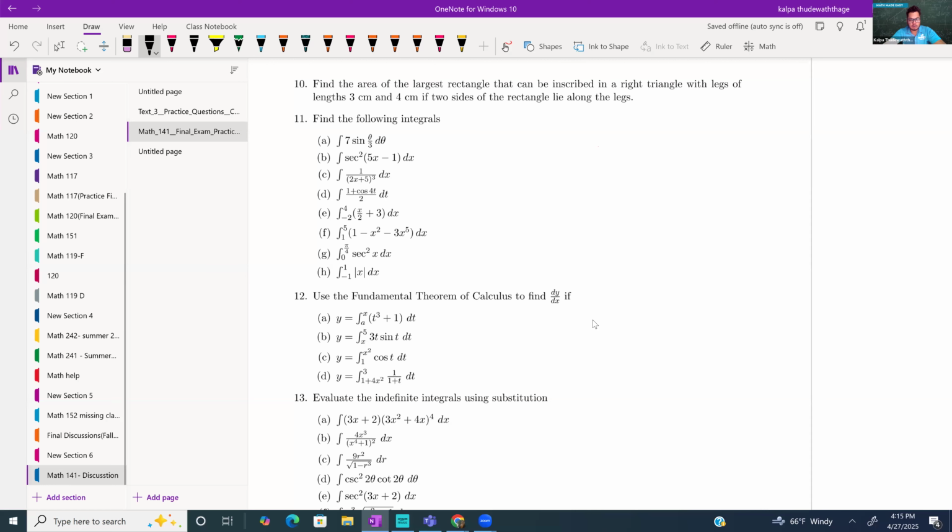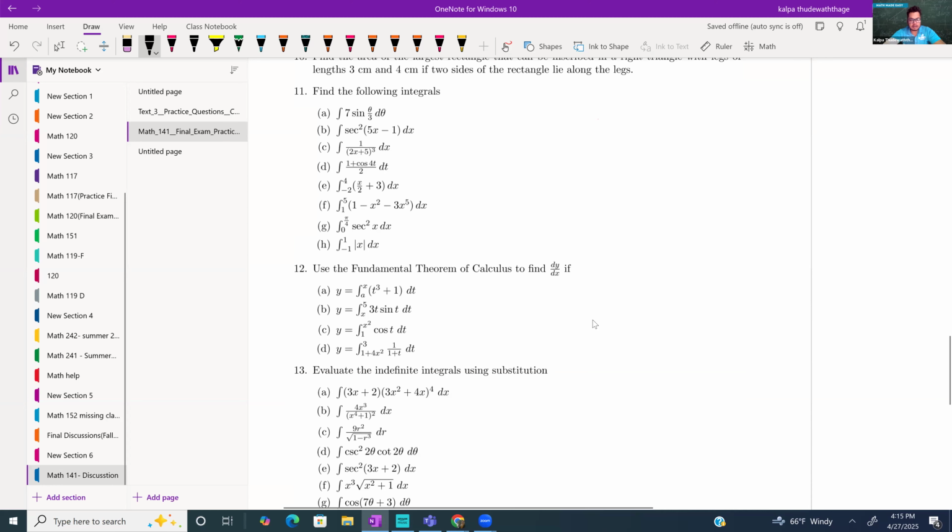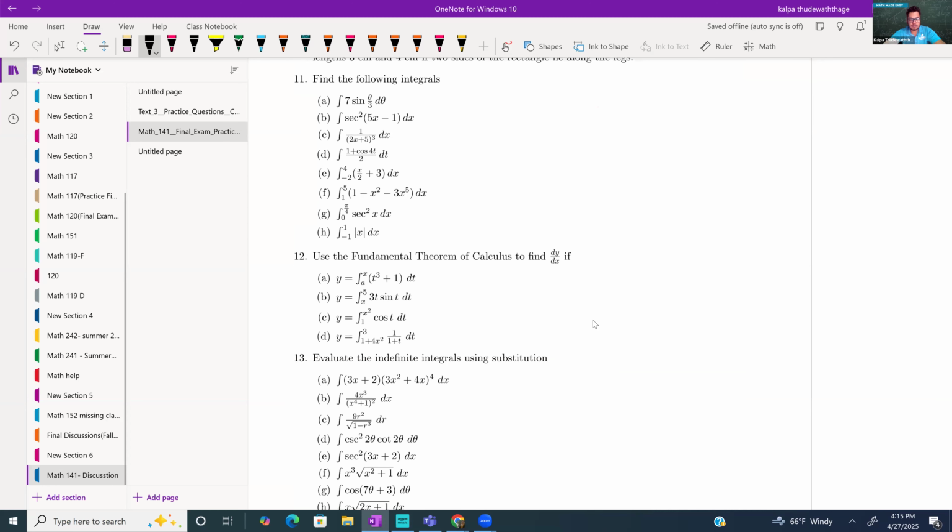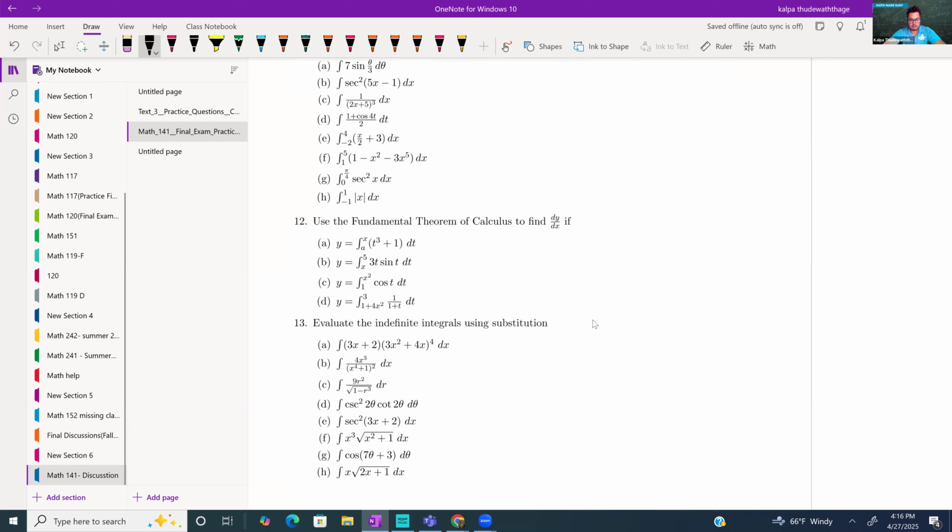Number 12, you have to use the fundamental theorem of calculus. Number 13, mainly you do integration using substitution. There's no integrating by parts or integrating using partial fractions or anything like that. So integration using substitution is the place where we stop the course.